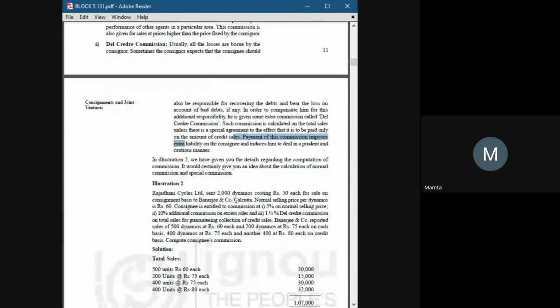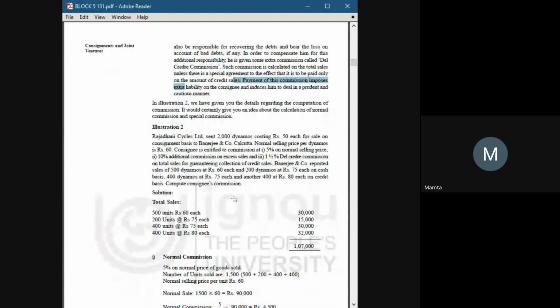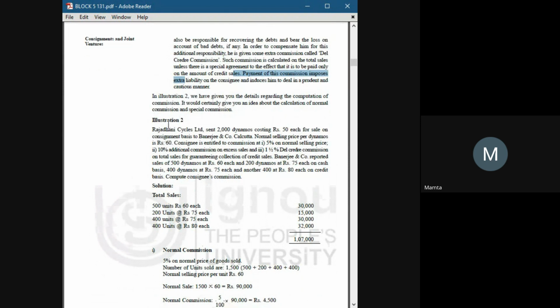We will take an example for both of them. Take this illustration. Rajdhani Cycles Limited sent 2000 dynamos costing rupees 50 each for sale on consignment basis to Banerjee and Company, Calcutta. Normal selling price per dynamo is rupees 60.